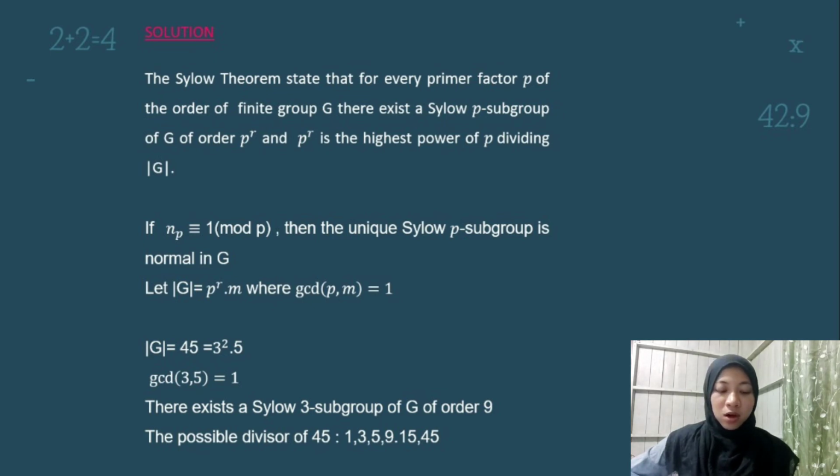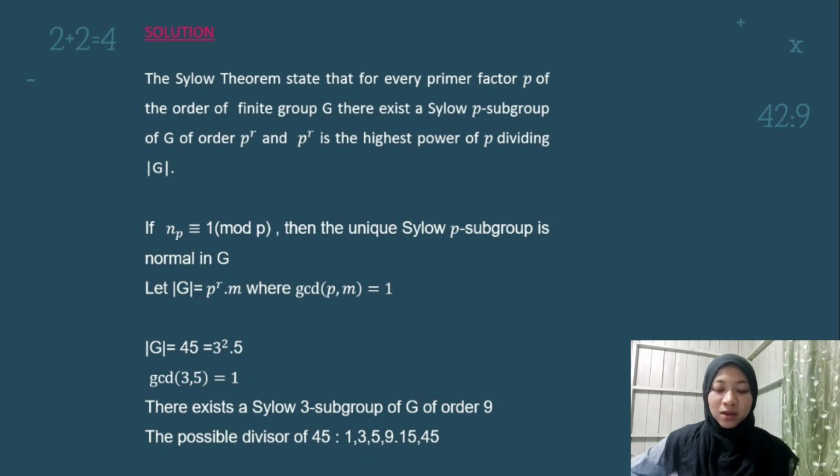So we write the order of G, a group of order 45, as 3 to the power of 2 multiplied by 5. So the GCD of 3 and 5 is equal to 1. There exists a Sylow 3-subgroup of G of order 9. We say it is a Sylow 3-subgroup because the highest power is 2, but the prime p is 3.